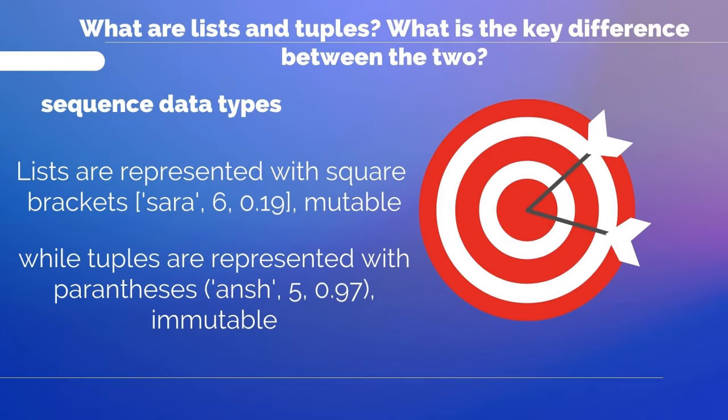Lists are represented with square brackets, while tuples are represented with parentheses. But what is the real difference between the two? The key difference is that while lists are mutable, tuples on the other hand are immutable objects.